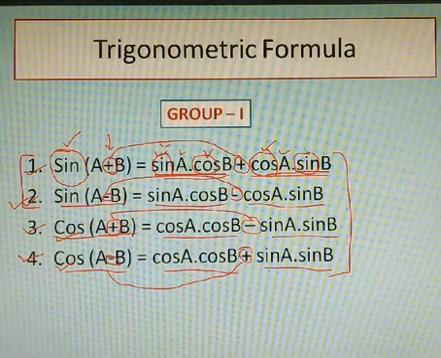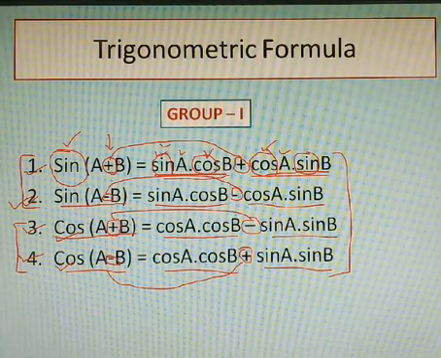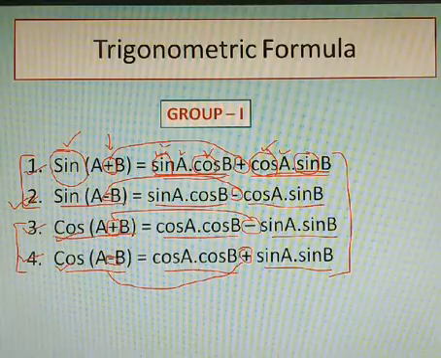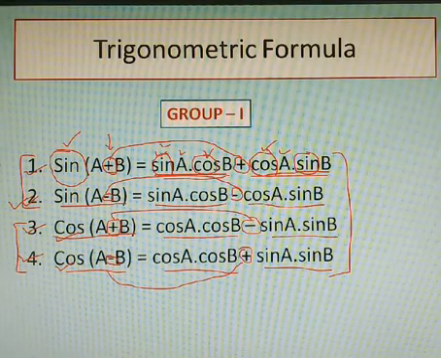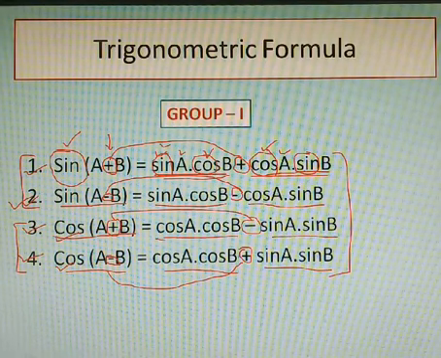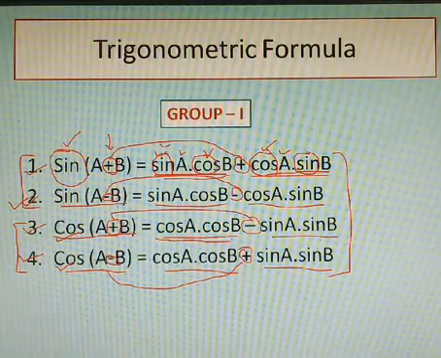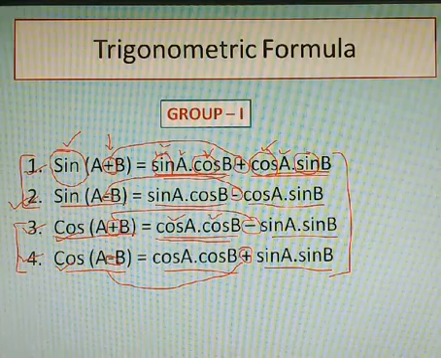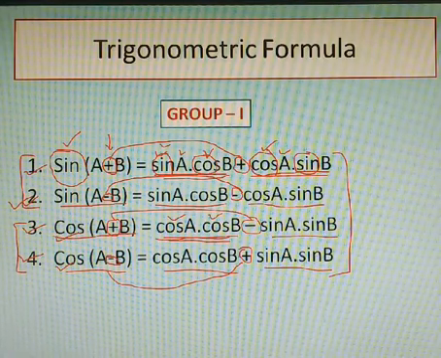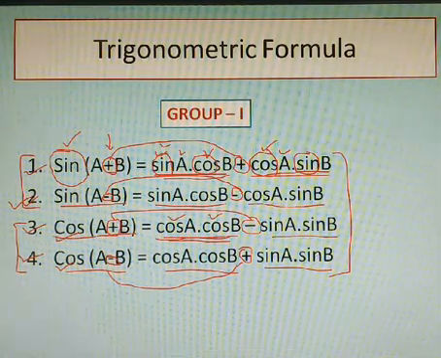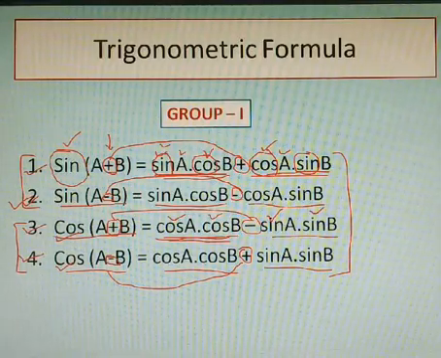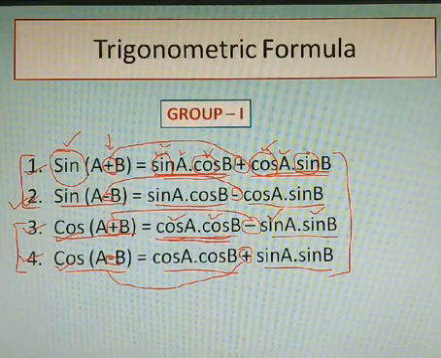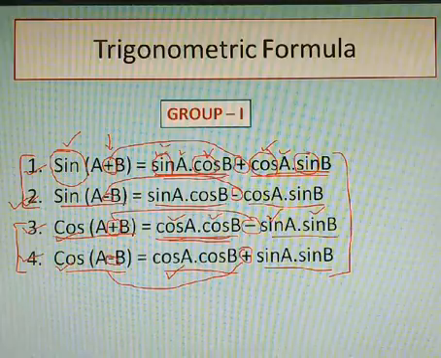But in formula number 3 and 4, if you observe carefully, then on the right side, in the first part, you will write both factors as cos, and in the second part both should be sine. Similar is the case for formula number 4.